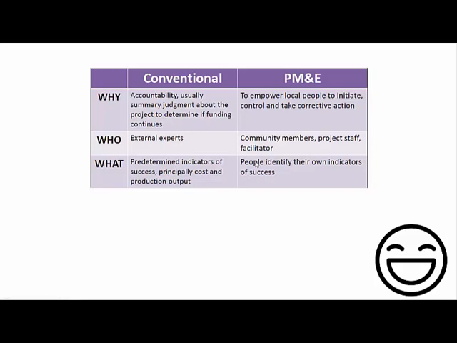So what this means is that when you plan your project, you're going to depend on the experts to tell you, maybe through research, what is actually happening on the ground. They're even going to propose indicators. But if you're making it participatory, you're going to have a workshop.